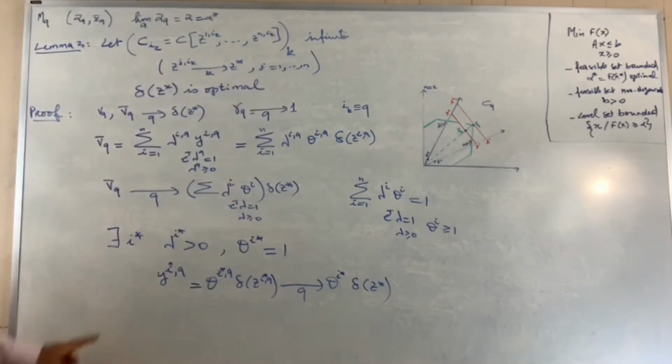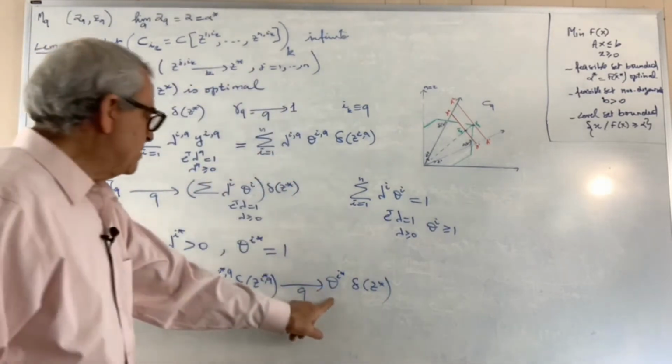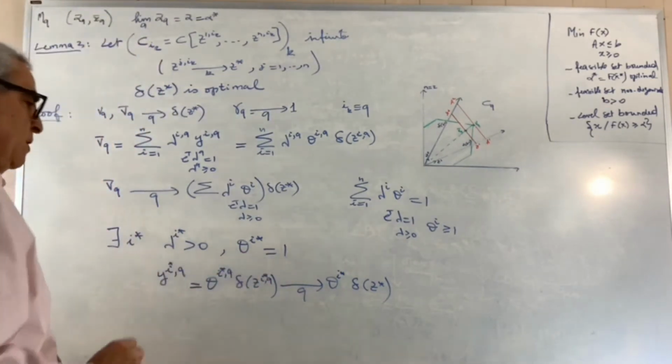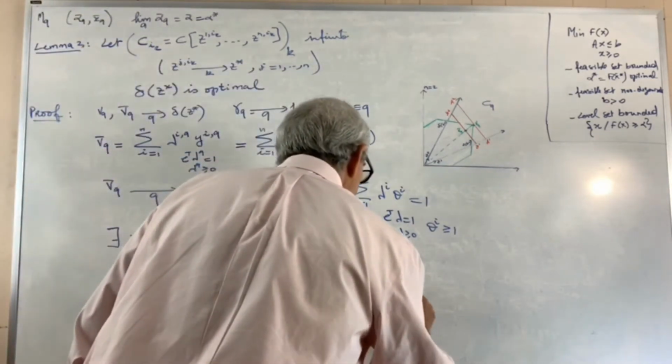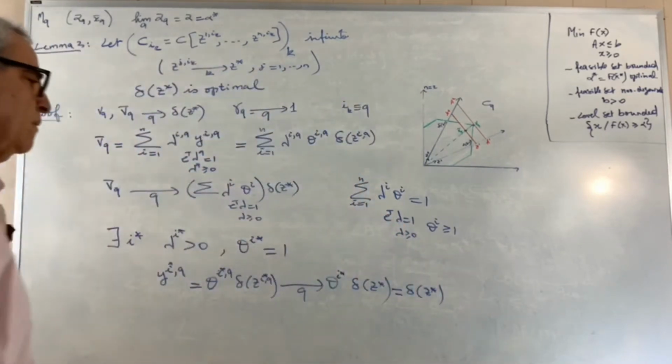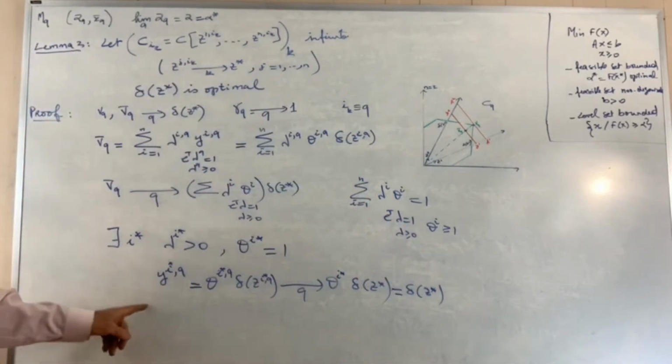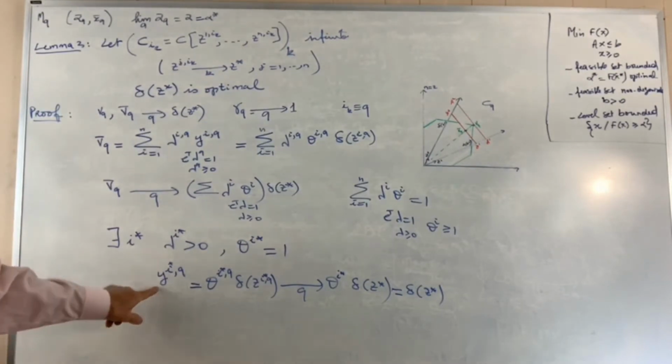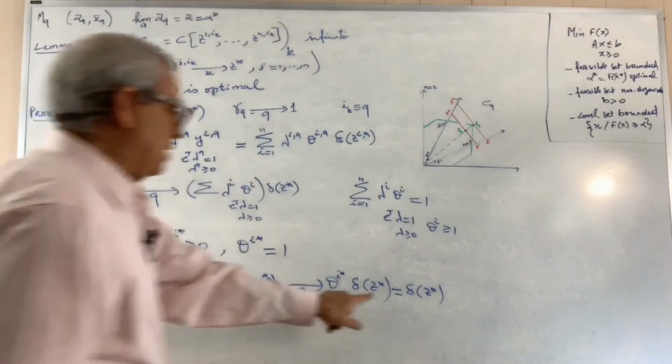All right. So therefore, theta_i star is equal to 1. So this is equal to delta of z star. So this specific y converges to delta of z star.